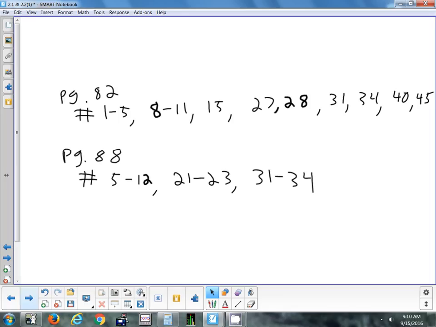Keep in mind there is a lot of graphing, so you might not have to write anything down for some of these. You can just say on calculator. On page 88, it's 5 through 12, 21 to 23, and 31 to 34. Some of these are just one big problem, kind of like the interest rate one we did with Bill. Find a formula, graph it, and find the intercept.